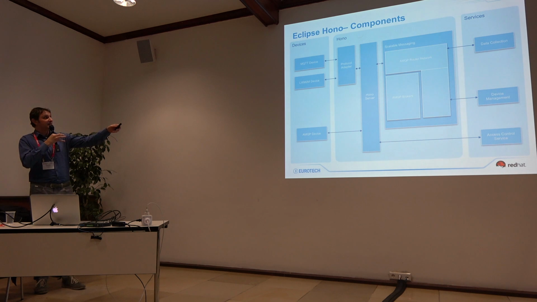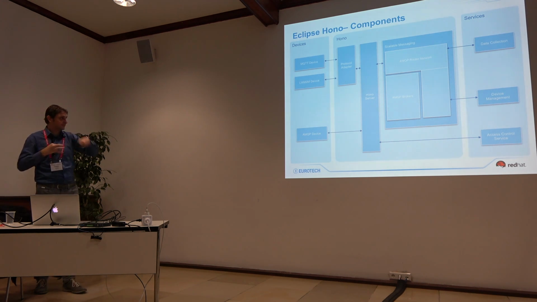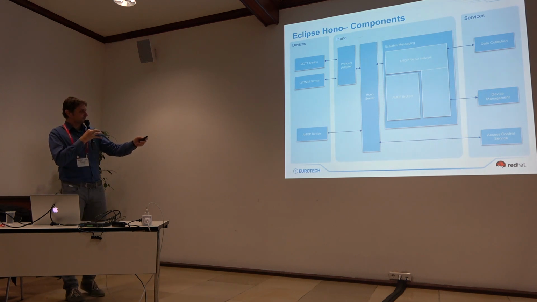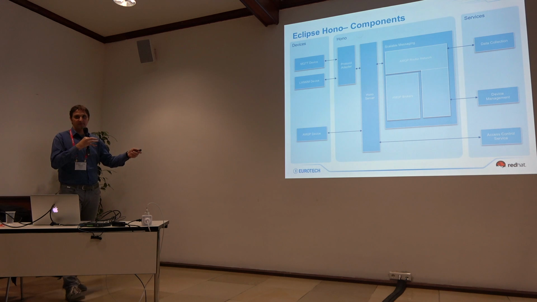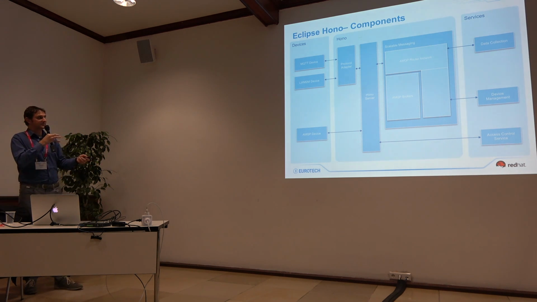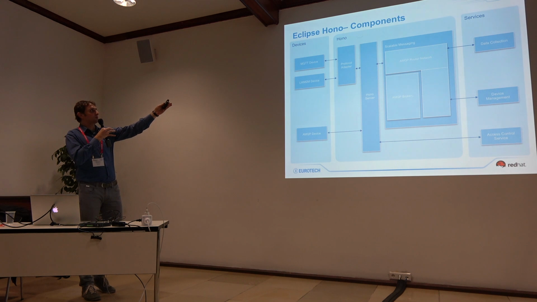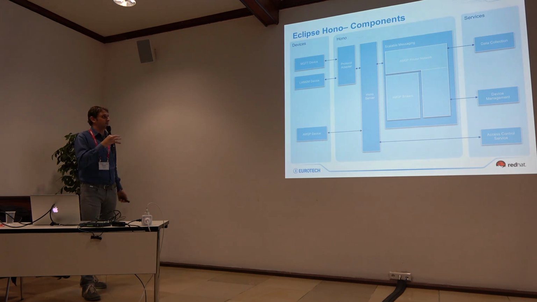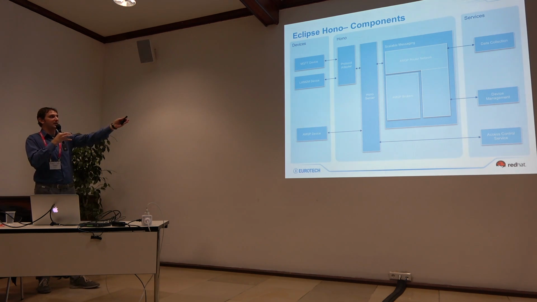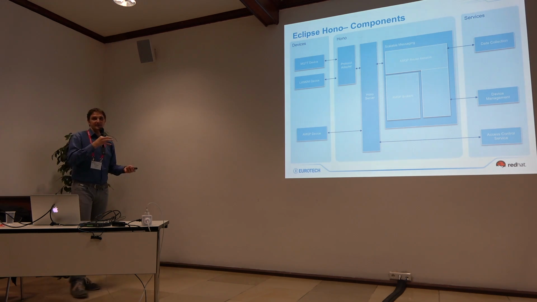And those messages come through the Hono server, which allows us to do proper access control, and then messages are forwarded through the scalable messaging system, which consists of AMQP routers and AMQP compliant brokers underneath, right?